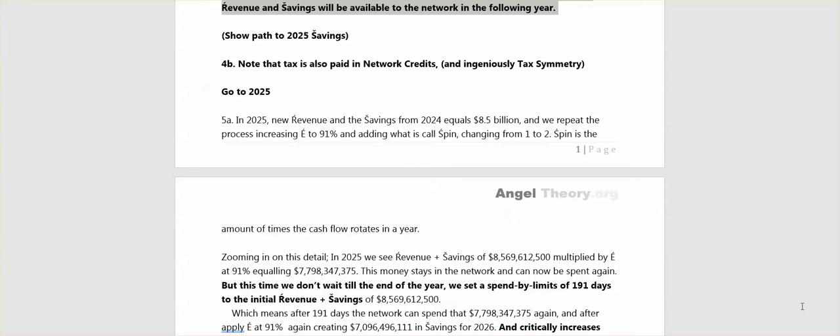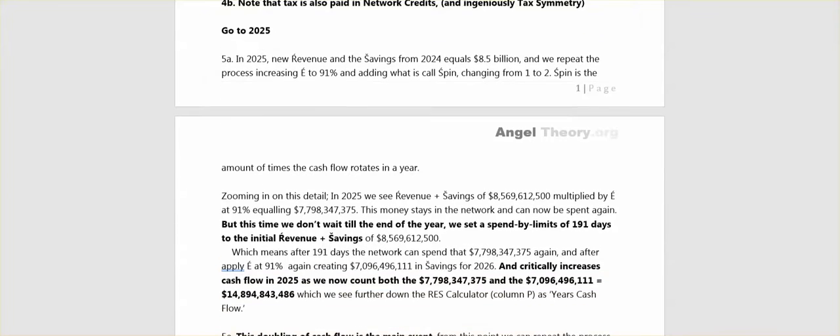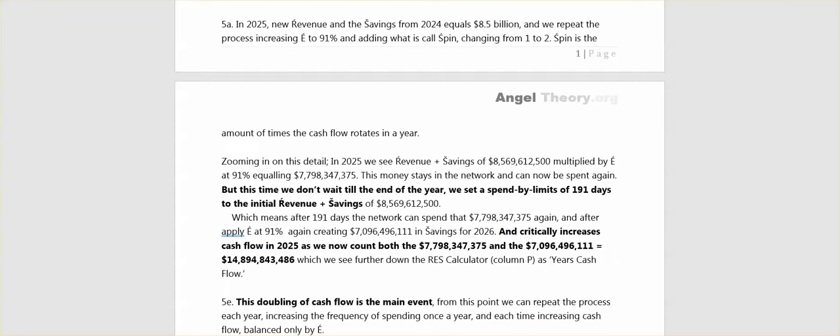Go to 2025. In 2025, new revenue and the savings from 2024 equals 8.5 billion. And we repeat the process, increasing E to 91% and adding what I call spin, changing from 1 to 2 spin. Spin is the amount of times the cash flow rotates in a year.